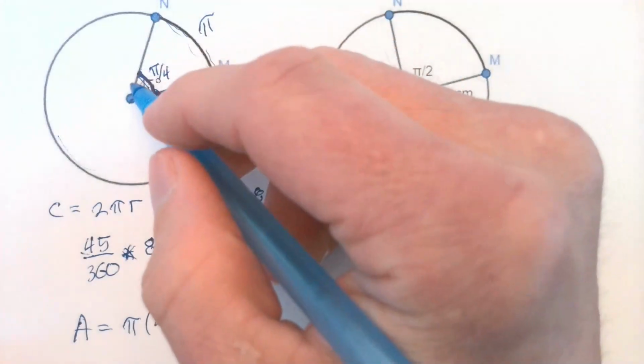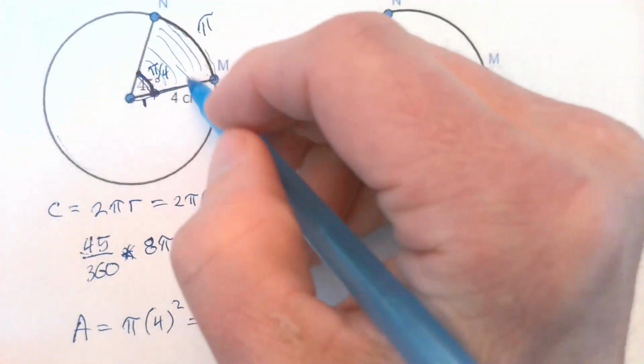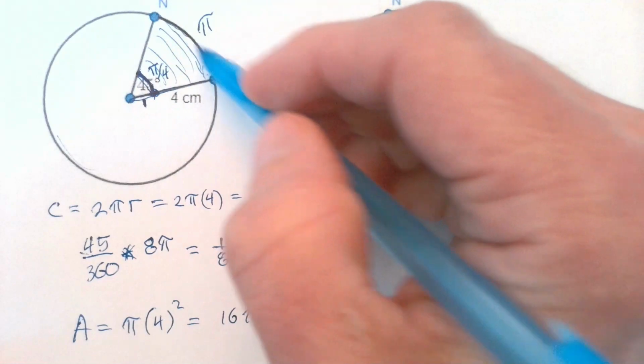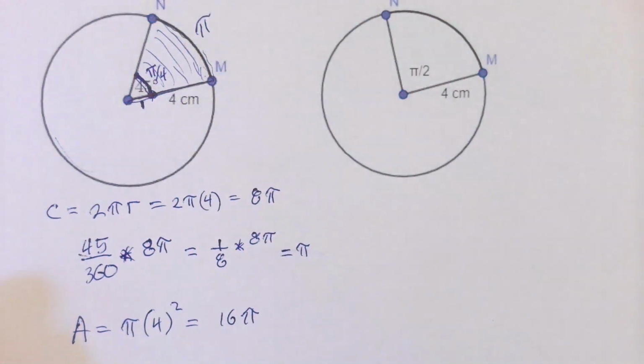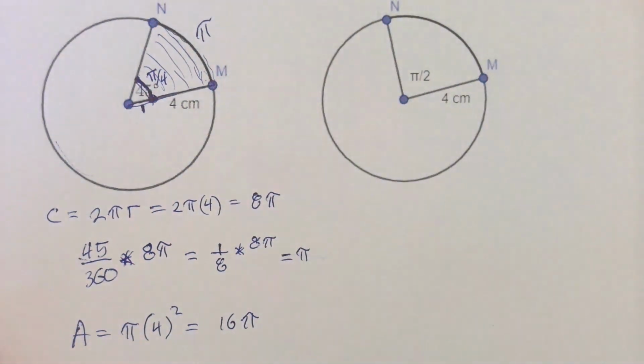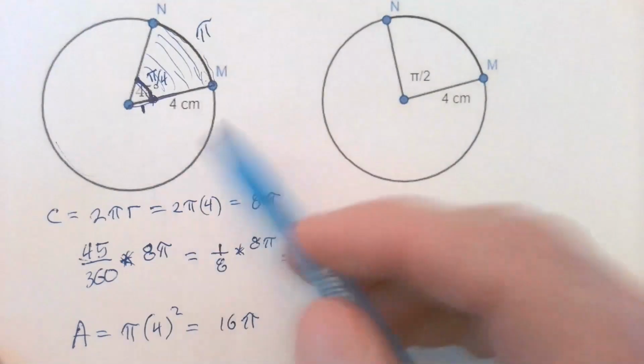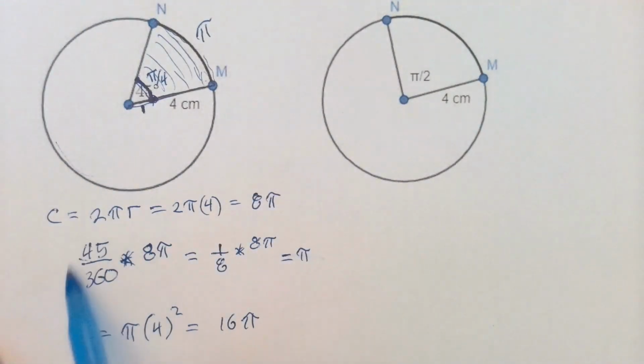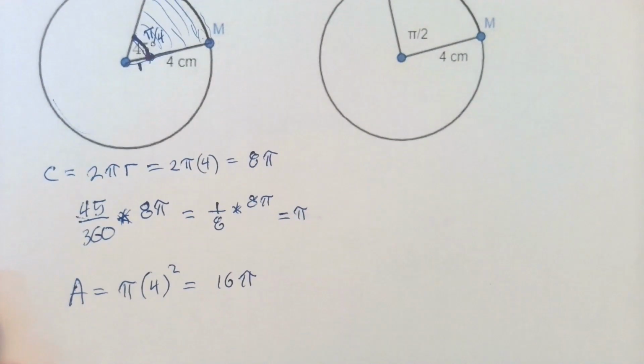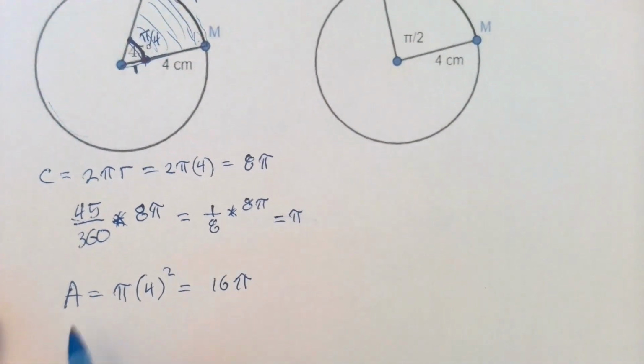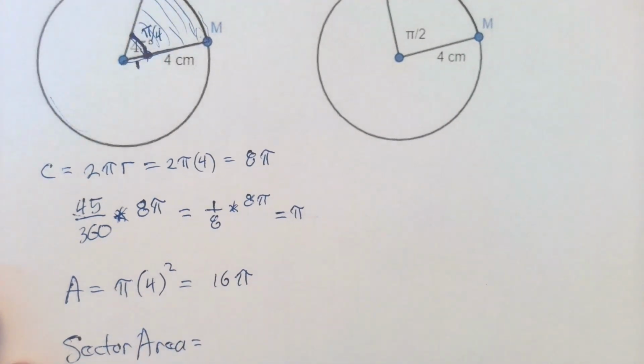But I only have this part of the circle. I want to know the area of this thing that looks like a slice of pie. It's called a sector. Its area's got to be some fraction of the full circle's area. Well, that fraction is this. So now, for the area of the sector, you just take 45 over 360 and multiply it by the area of the full circle.